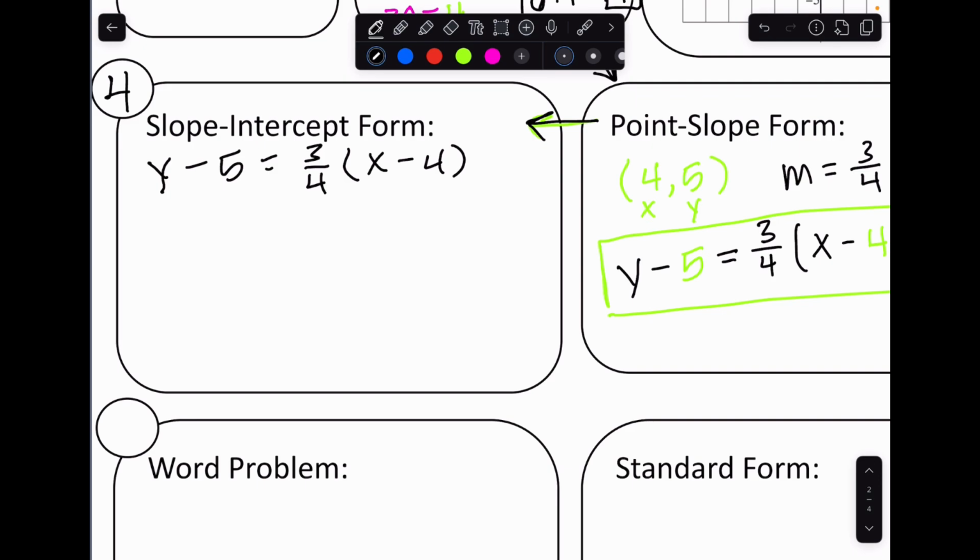Now, first thing we need to do is simplify both sides. So I need to do the distributive property. Nothing changes on my left side, so I'm going to keep it the same. Now, 3/4 times x gives me 3/4 x. 3/4 times 4, let's just do it in the corner here.